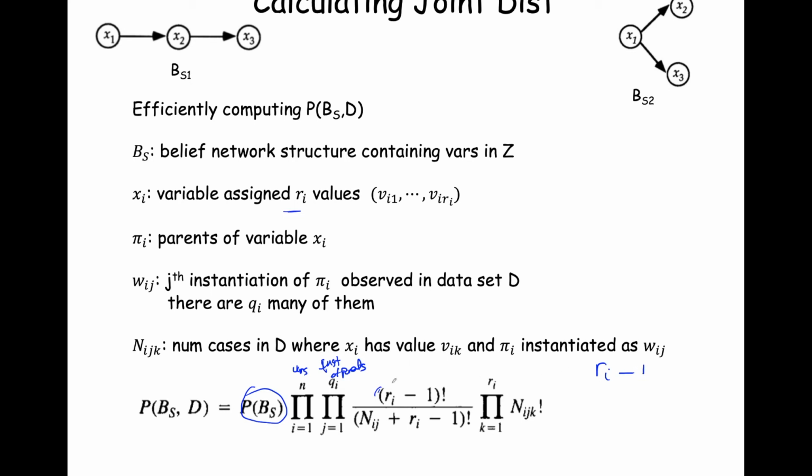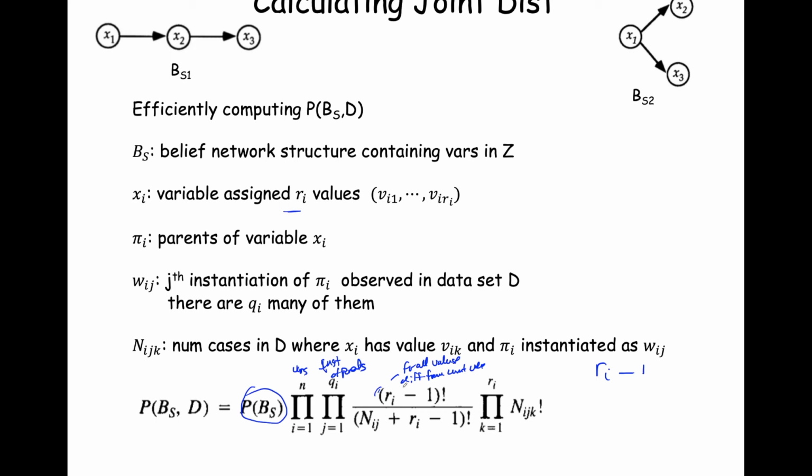So this says the numerator is for all the values different from the current value. For the first variable, for all the values different from a given value, we look at all the possible arrangements of it.